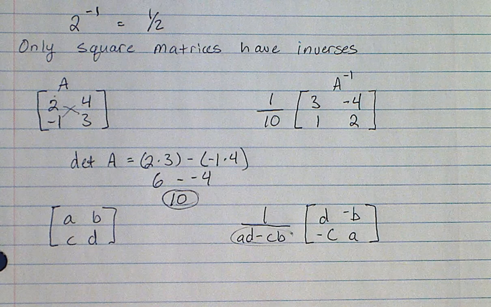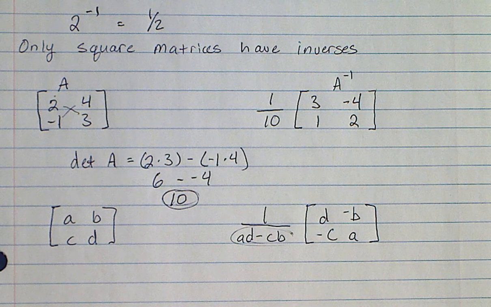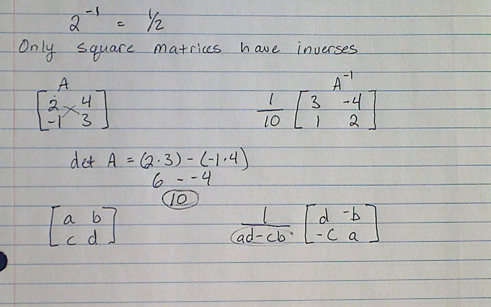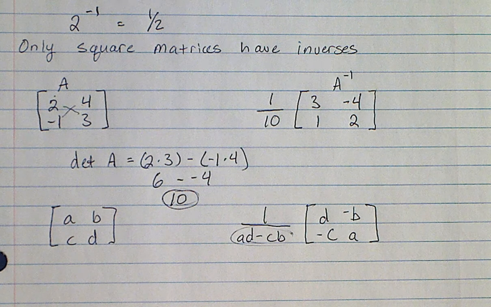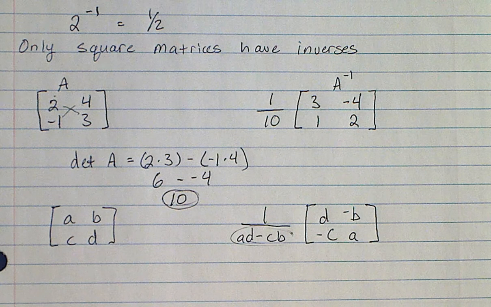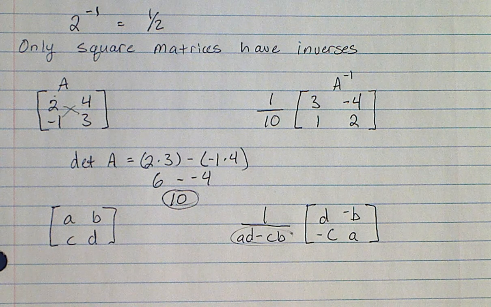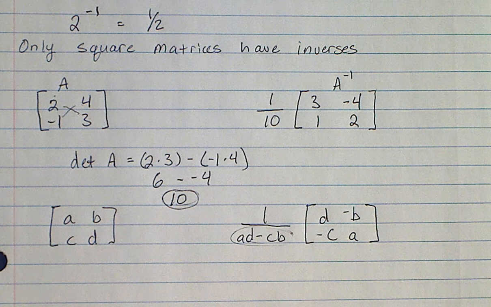Why do you switch signs? For right now, just because I told you so. I'll explain more when we talk about using the inverse matrix, about where they come from. But for right now, A and D, you switch them around.